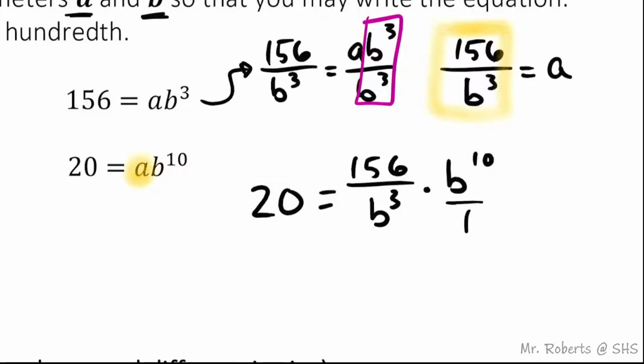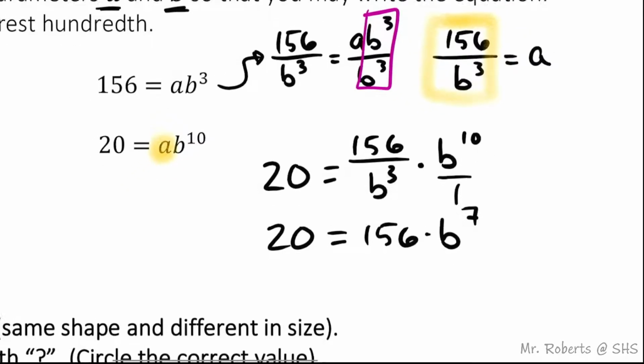Everything's a fraction, just a lot of them have denominators of 1. But I've got 10 factors of b in the numerator, 3 factors of b in the denominator. At this point, it's like breathing. That simplifies to b to the 7th. So this equation can be rewritten in a simplified form: 20 equals 156 times b to the 7th power.